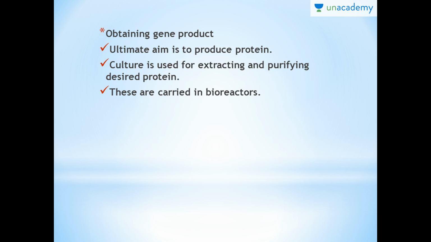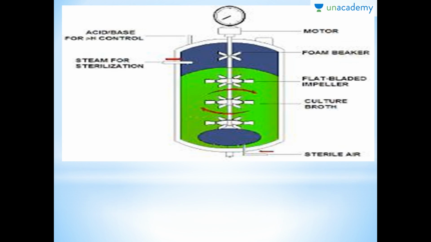Bioreactors are large tanks in which these reactions take place. As you can see, this is a bioreactor made of steel, with media that needs to be grown because we need our desired product in large quantity.